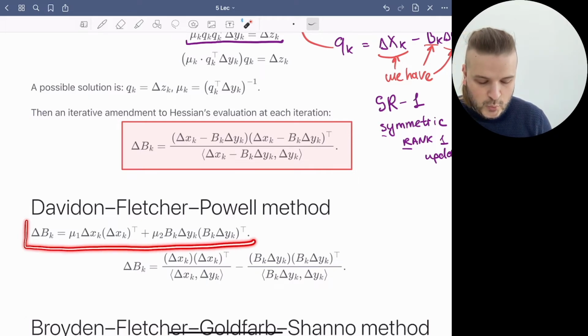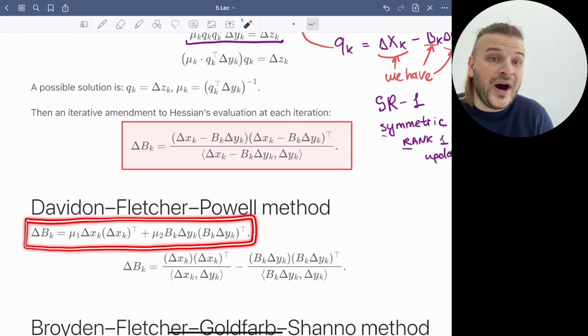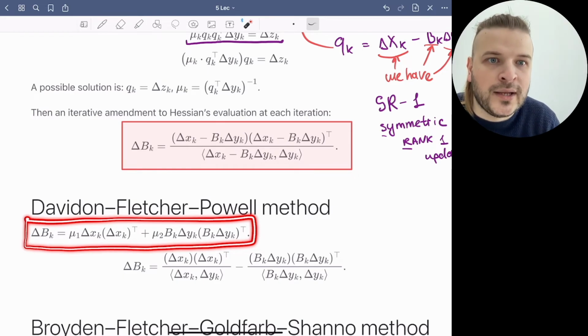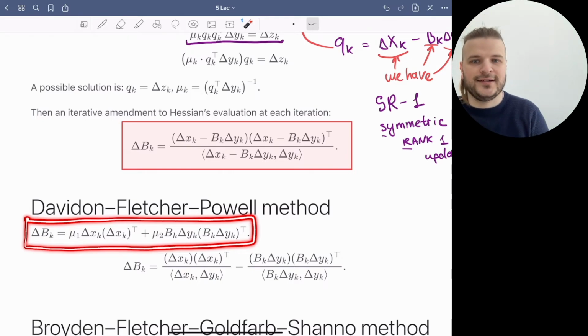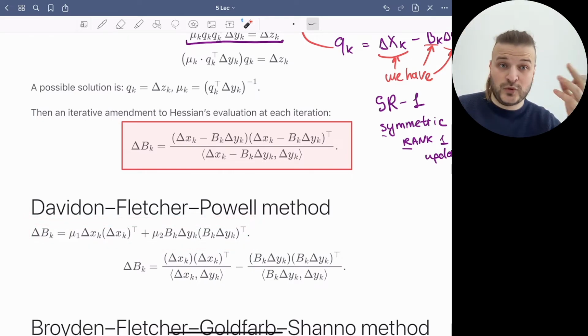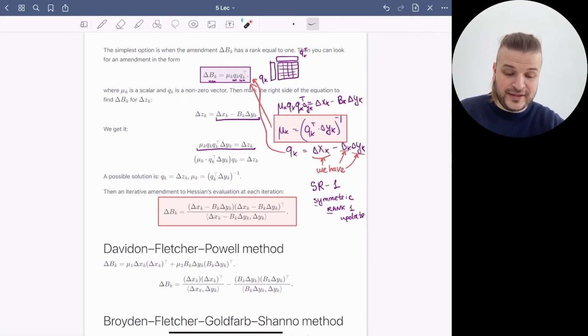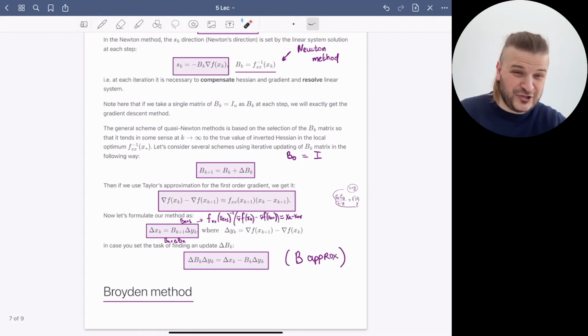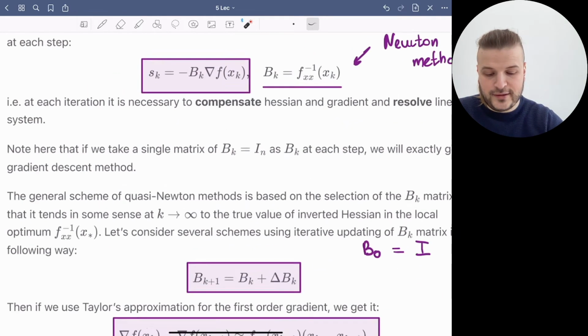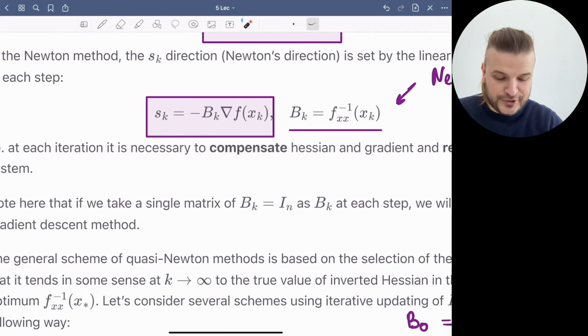delta bk will be not a rank 1 update, but, for example, a combination of 2 rank 1 updates? What's interesting here is that if you have this special structure of your matrix, you can calculate this expression pretty reasonably.